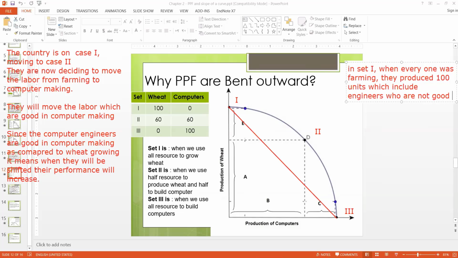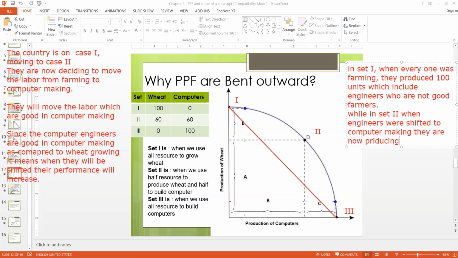While in set 2, when engineers were shifted to computer making, they are now producing more goods.